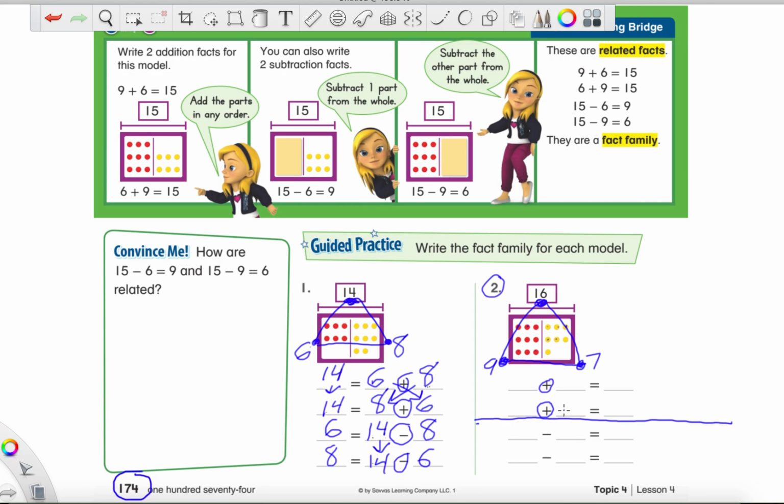Okay, if you're not done yet, pause the video, take your time. I want to make sure that you have enough time to try this on your own. That, to me, is the most important part.